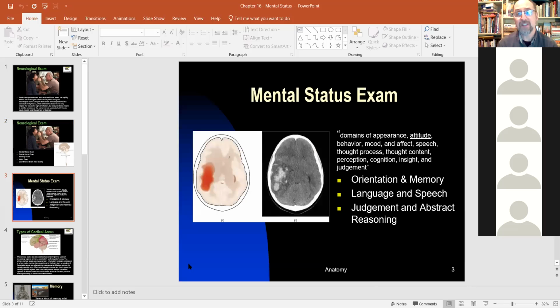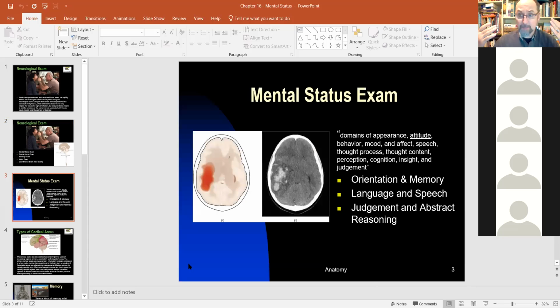The mental status exam is something that assesses orientation, which means where are you, what time is it, what day is it, how does this fit in the sequence of events of your life? Are you able to put those things in order? Your ability to recall old memories, to form new memories, your short-term memory. Language and speech are really complex activities involving multiple parts of the brain.